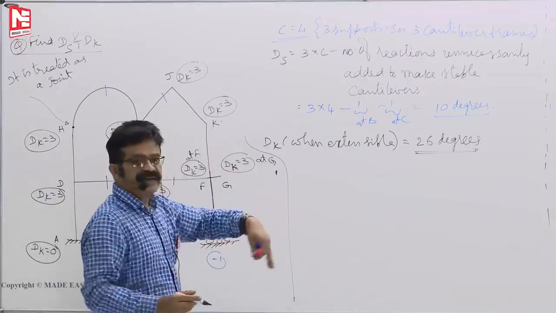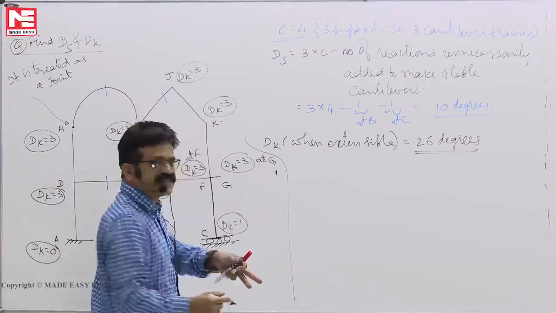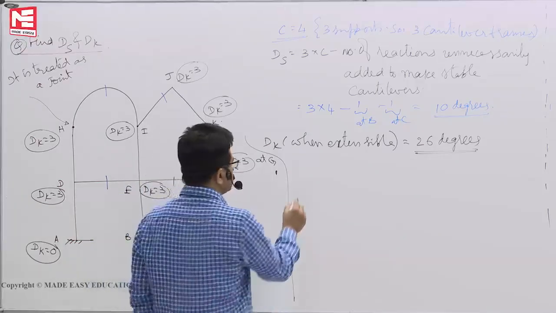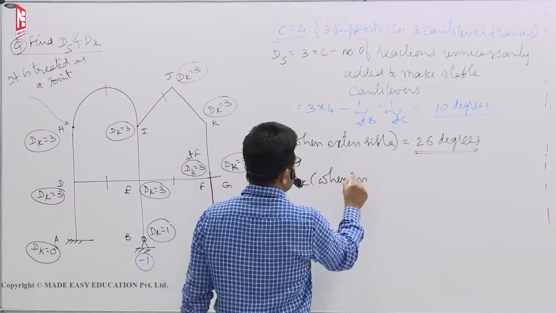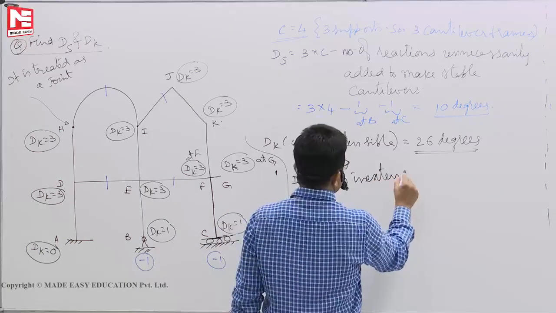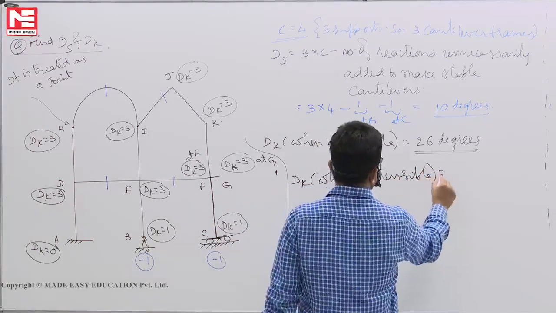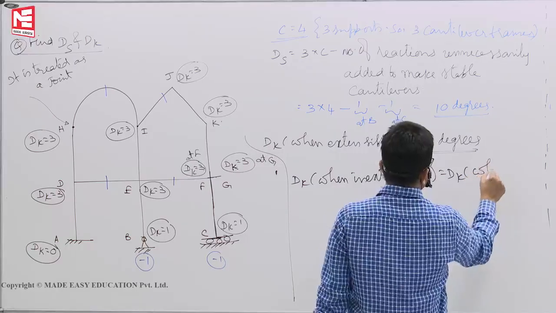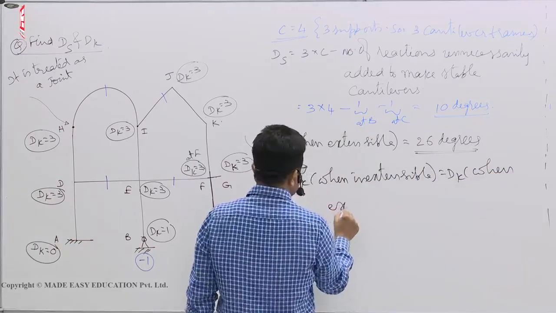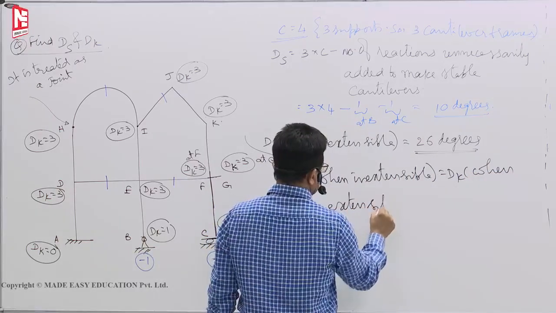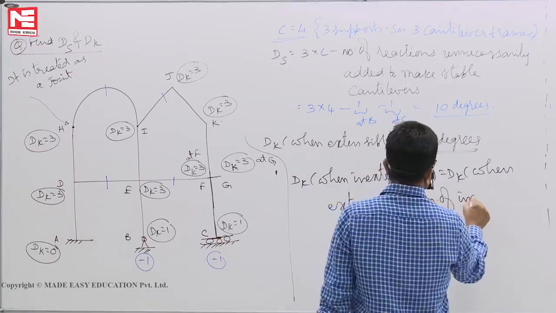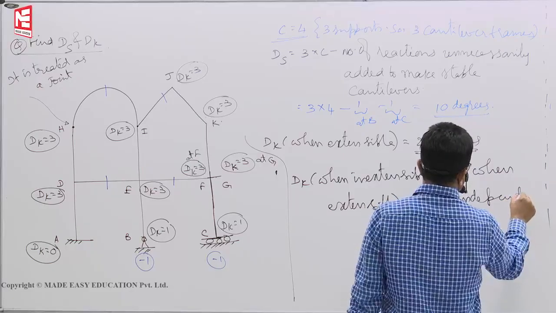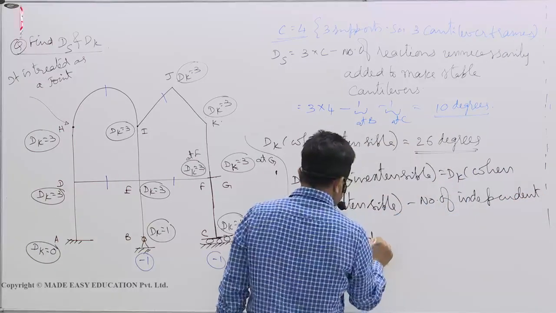So when inextensible, when you take the number of axially rigid members, directly subtract. So dk when inextensible is dk when extensible minus the number of independent displacements prevented.